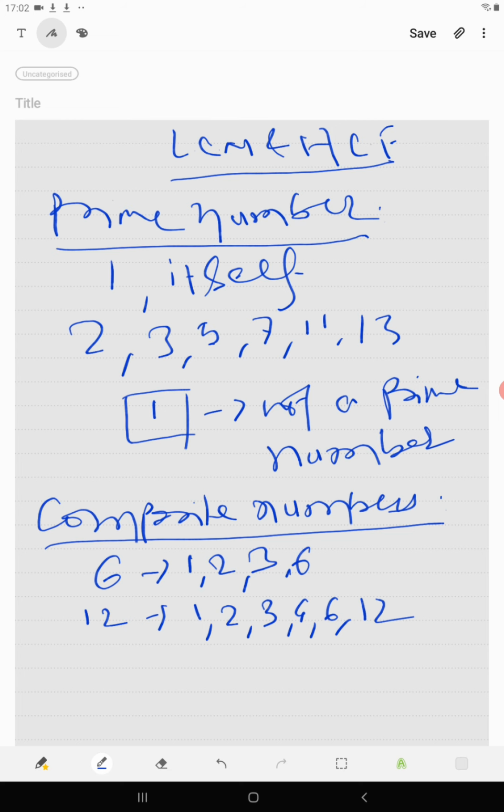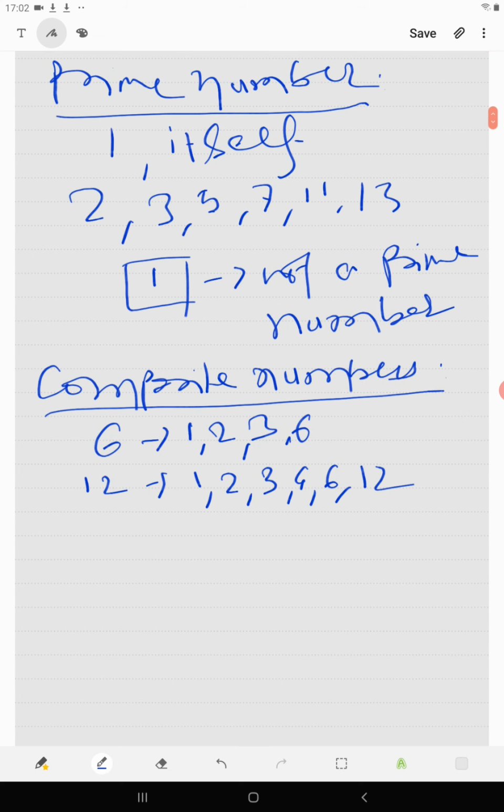Now the thumb rule is that each and every composite number can be represented as a product of prime factors. Remember, this is very important. How? Let's see.